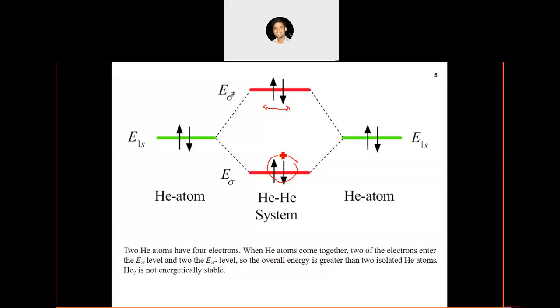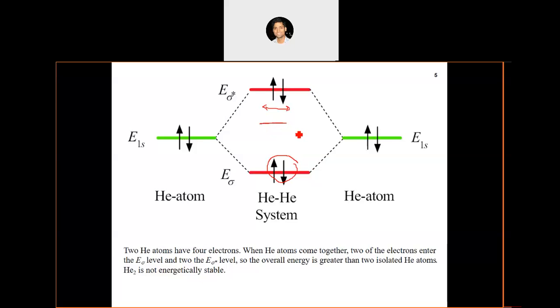The energy will be the total of all these four electrons. This is lower than the initial configuration, this is higher, but ultimately the energy of the four electrons may be slightly higher than the initial configuration energy. So that is why this does not become energetically favorable.